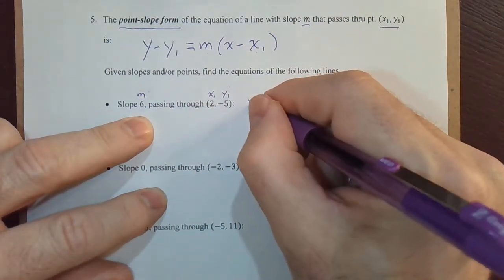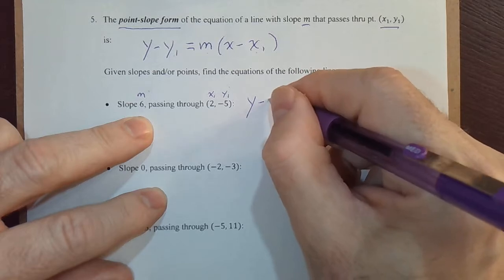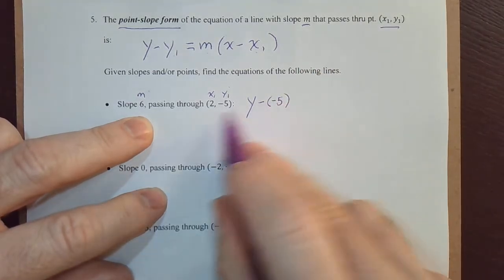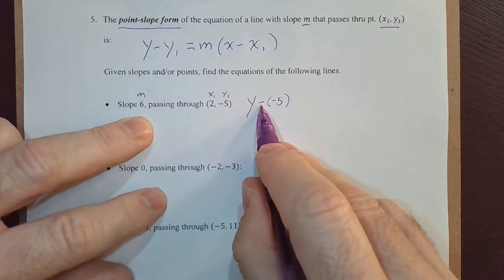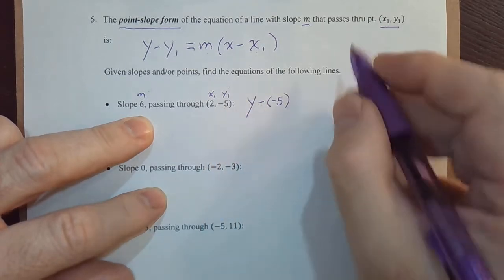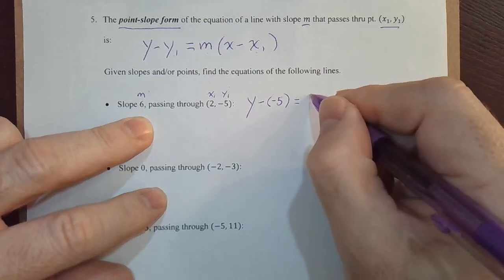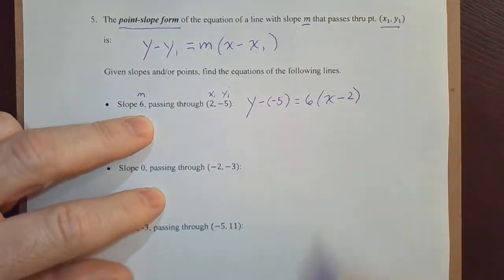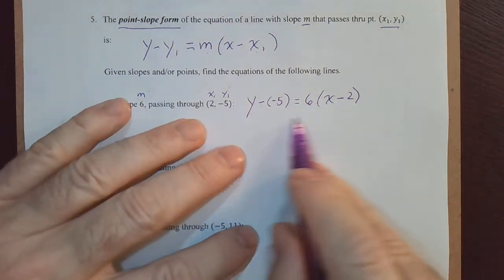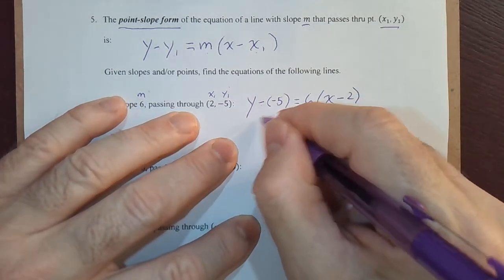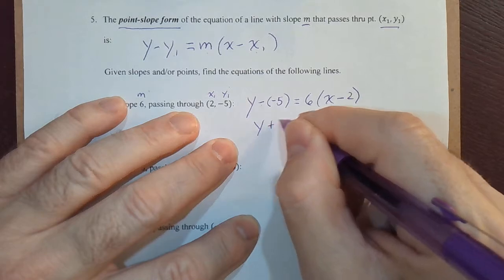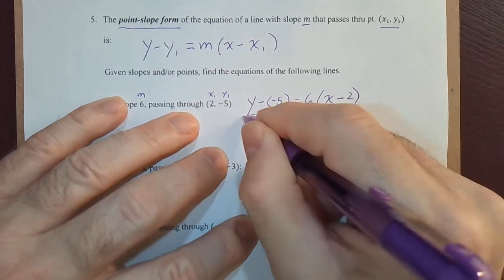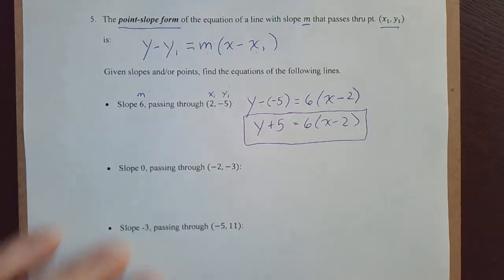So we'll get y minus y1, which is negative 5. Make sure you get the signs right. It's always y minus y1 equals m, which is a 6, times x minus 2. And that's it. I usually wouldn't leave it like this. I would simplify this to be y plus 5 equals 6 times x minus 2. And that's all there is to it.